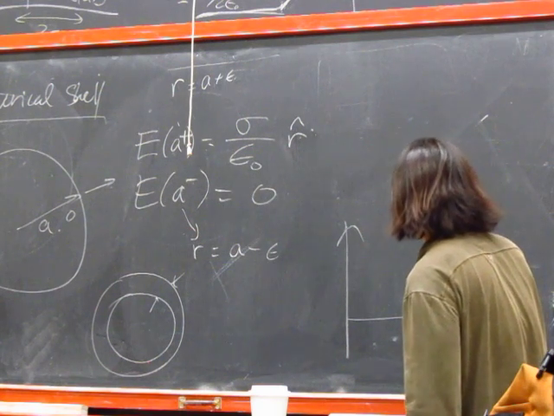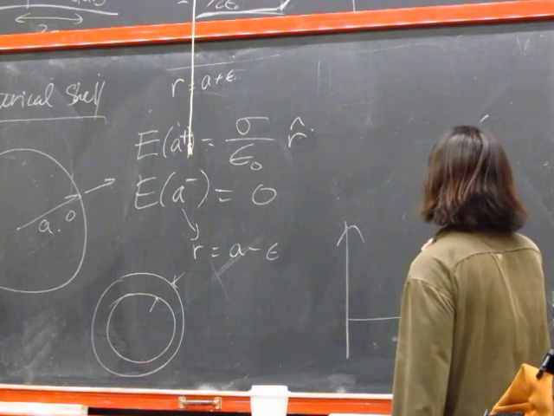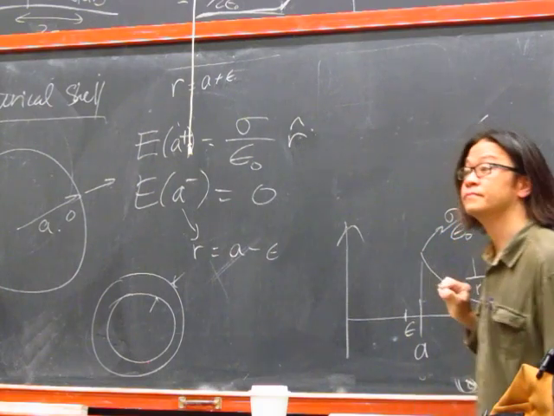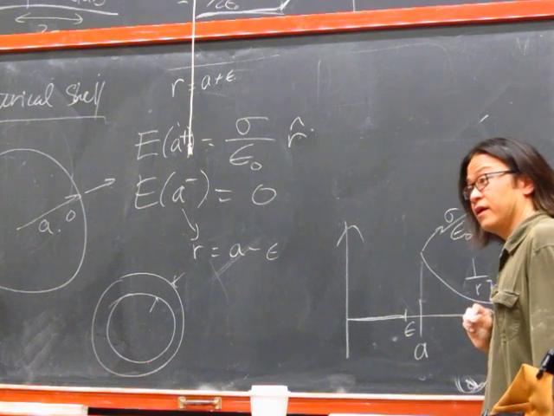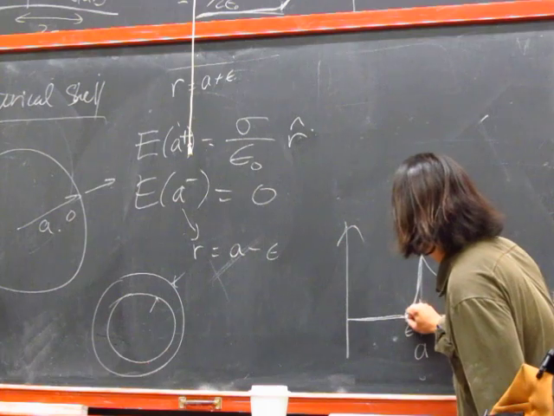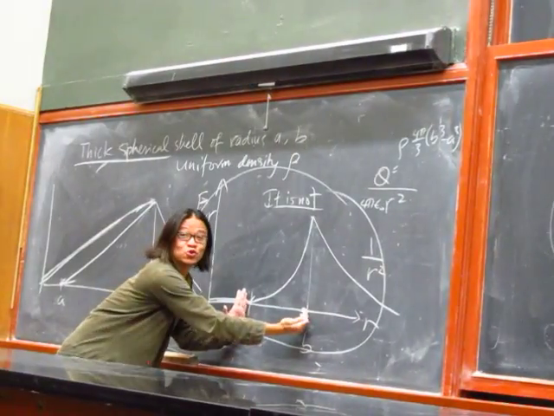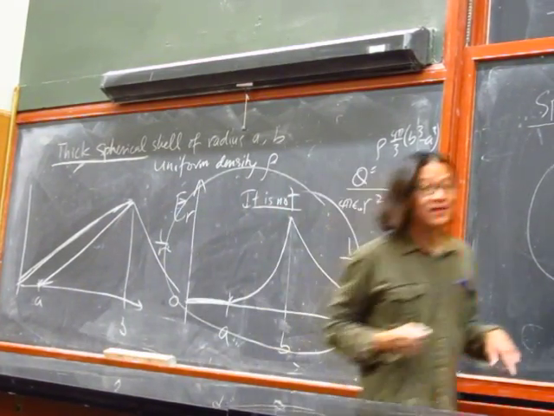So outside we have 1 over r squared, and here is sigma over epsilon, and 0 here. So what you have is something that looks like that. It's not linear. Basically, it's this graph here, except that you squeeze A and B together. Questions so far?